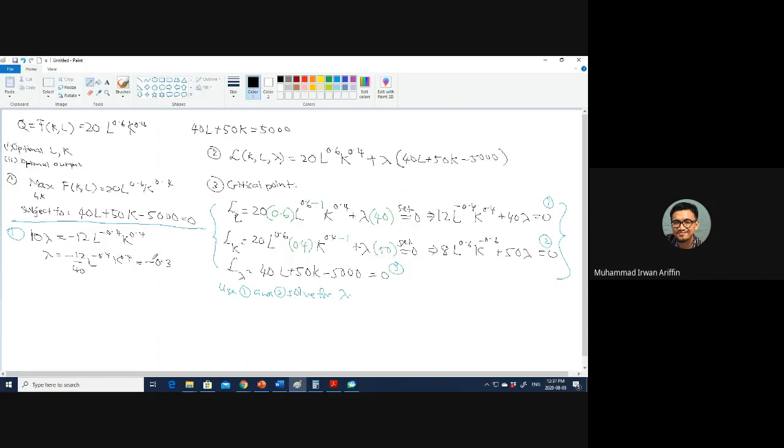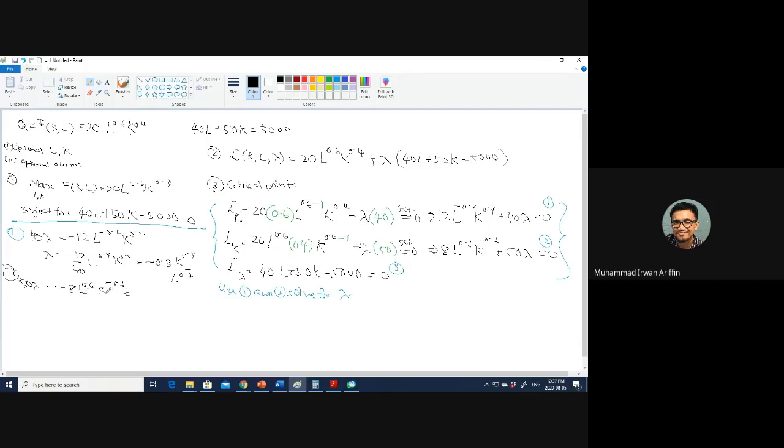And then I'm just going to write this in an elegant way where the variable with the negative power, I'm going to put in the denominator. So this is from equation 1, which is our lambda. What about equation 2? Now 50 lambda equals, so bring everything to the other side. Don't forget the negative sign because I'm bringing this whole thing to the other side. So negative 8 L to the power of 0.6, K to the power of negative 0.6.